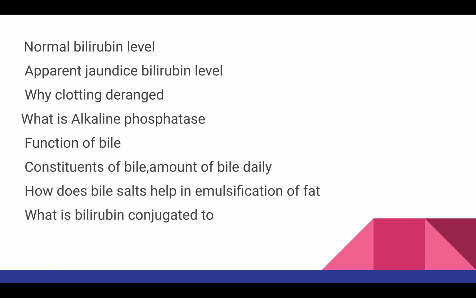So what is alkaline phosphatase? Alkaline phosphatase is an enzyme produced in the liver, which is raised in certain conditions like malignancy, pregnancy, and in case of any spread of tumors.